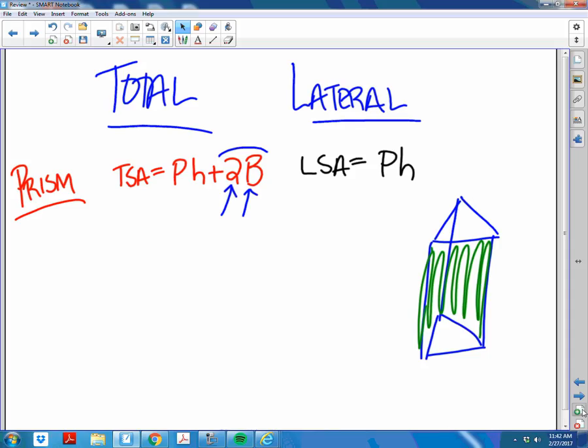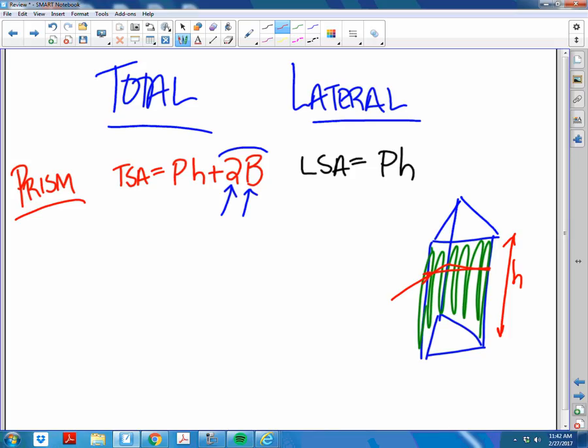So if you think about that stack of CDs and you're trying to find the lateral surface area, you're literally just finding the circumference or the perimeter of each circle times how many of them there are times their height. That's how you end up with perimeter of the base times the height. Because you're really just measuring this outside perimeter however many times it can be stacked. Perimeter of the base times the height. And then you just add in the area of the base times 2, and you're there.